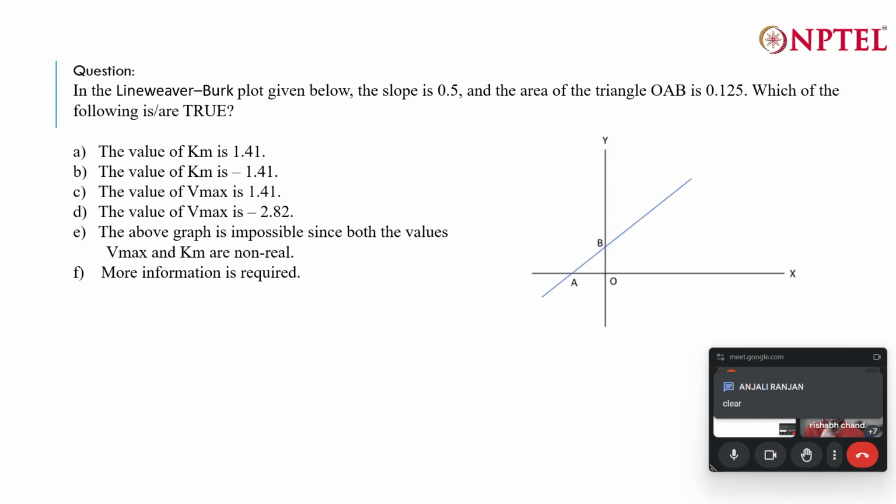This is a Lineweaver-Burk plot that is given, and the slope of this particular line is 0.5. The area of the triangle is given, and this is 0.125. Which of the following statements is true?